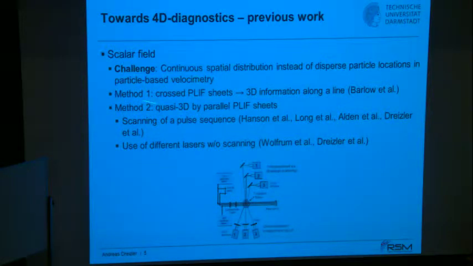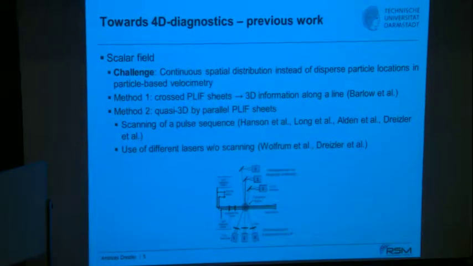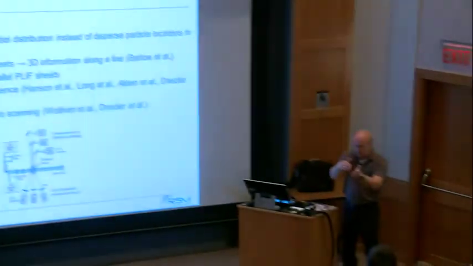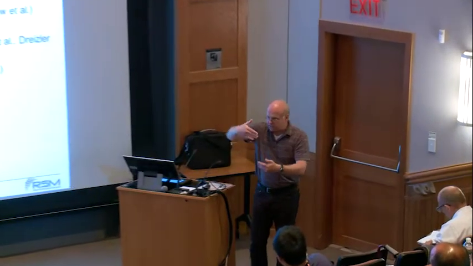One method is to use crossed sheets, for example, by using LIF, PLIF, or maybe planar Rayleigh scattering, that we have seen yesterday in the experiment at Sandia National Labs. So you have one sheet, you have another sheet, and they intersect at one line. Then, from the information, even if it's only qualitative, of course, from OH PLIF or Rayleigh, you can reconstruct the orientation of the flame front at the intersection line.